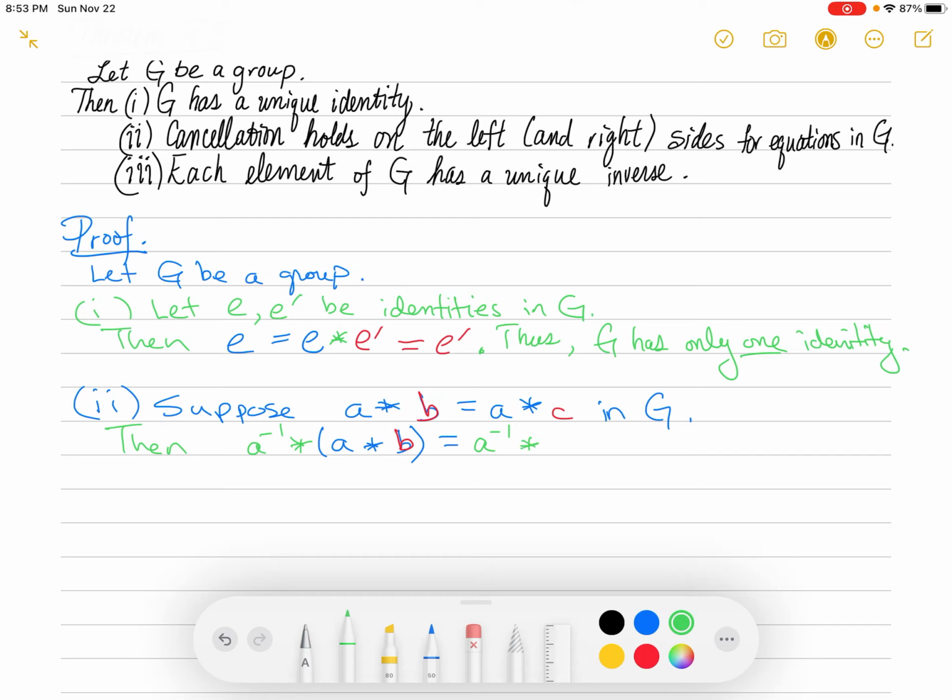Now we have the associative property, so we can reposition our parentheses: A inverse star A, then star B. And do the same thing here, repositioning the parentheses through the associative property.